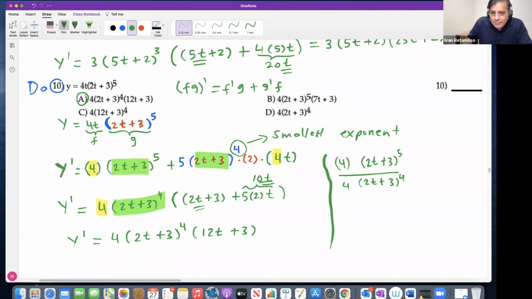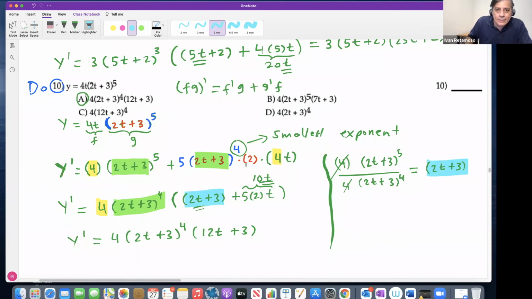Notice these two, 4 and 4, cancel. But this into this is just one of these, 2t plus 3, because the other 4 cancel, subtracting the exponents, 5 minus 4, 1. You don't have to write that. This is the guy that we wrote here. This came from here.